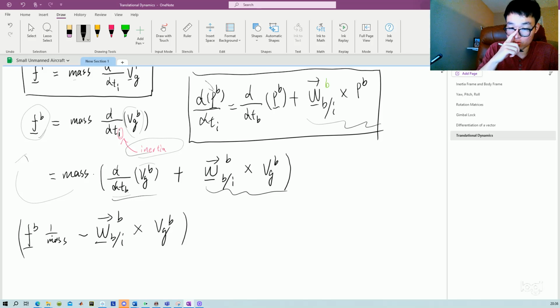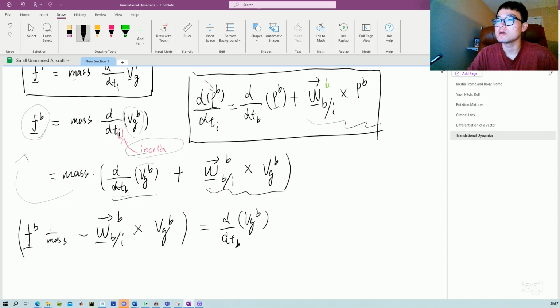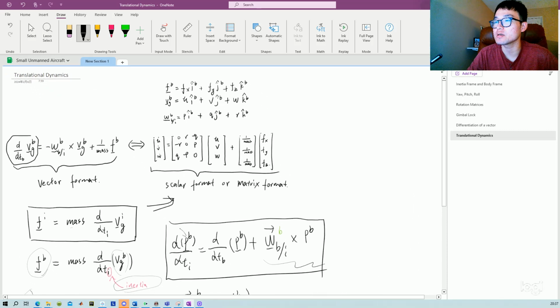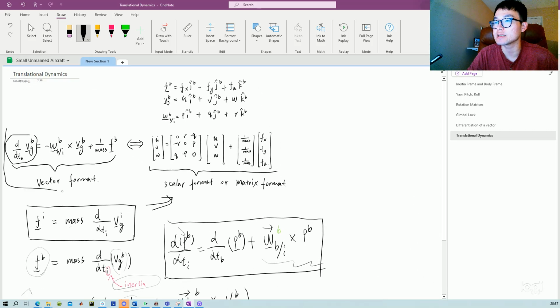So this portion will equal the time derivative of the ground speed expressed in the body frame with respect to the body frame.